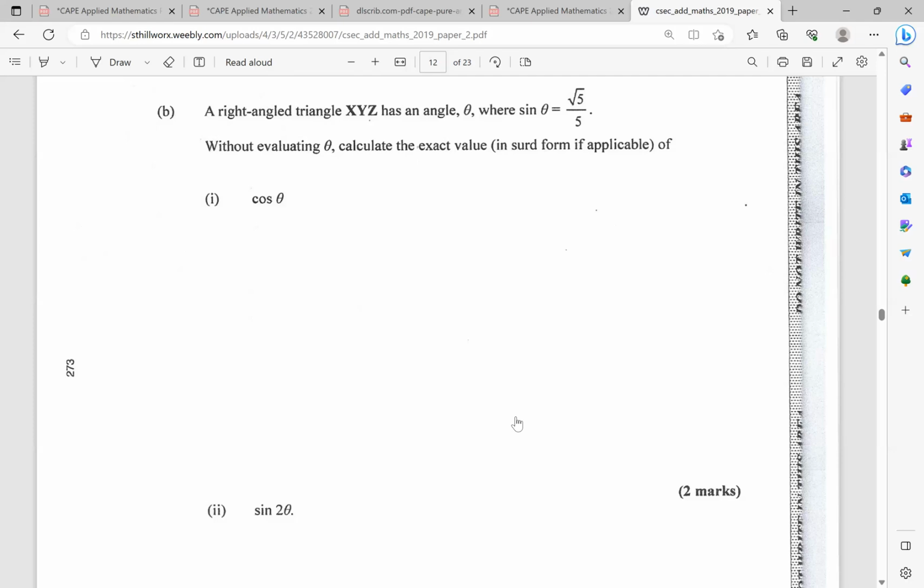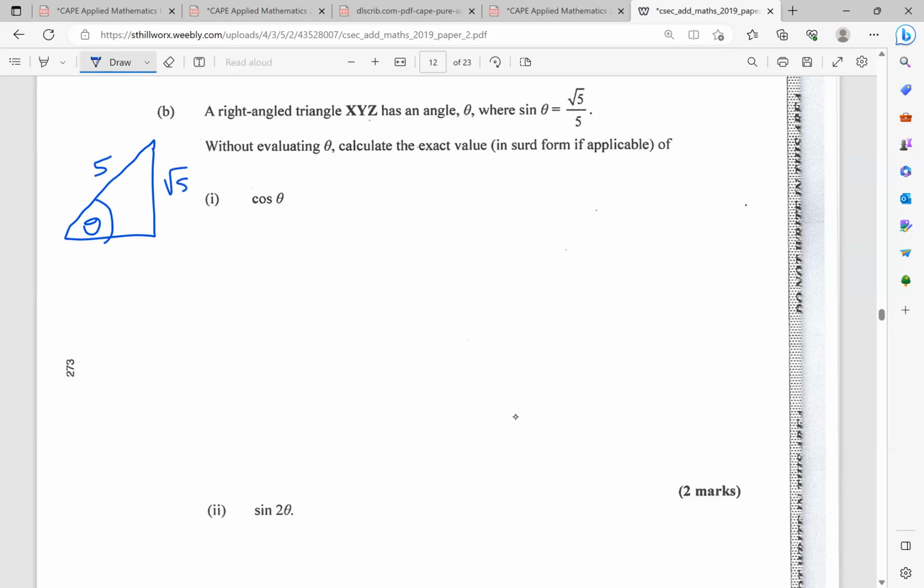All right. So let's go. We'll get, so we go triangle here. Theta, root 5, 5.